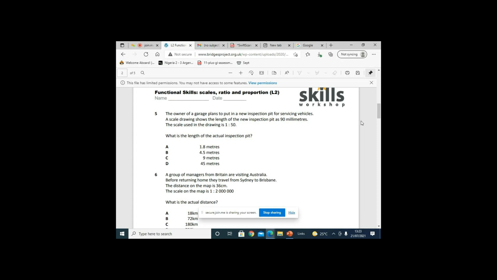The scale drawing shows the length of a new inspection pit as 90 millimeters. So now I ask you what scale should be used. The scale used is 1 to 50. So what is now the length of the inspection pit? So what's the length?